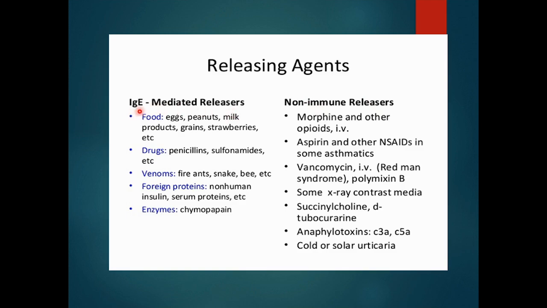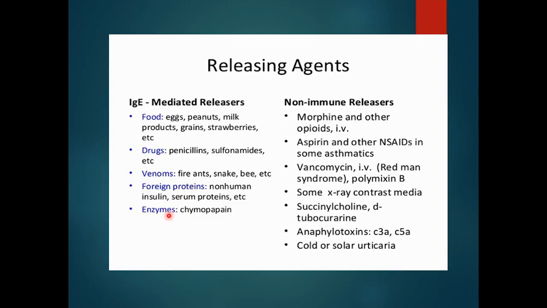In the IgE mediated releasers, there are many releasing agents like food, examples eggs, peanuts, milk, drugs, examples penicillins, sulfonamides, etc., venoms, foreign proteins and enzymes.